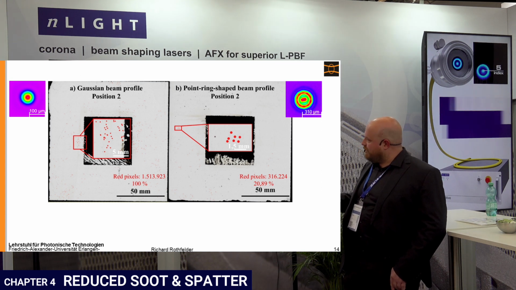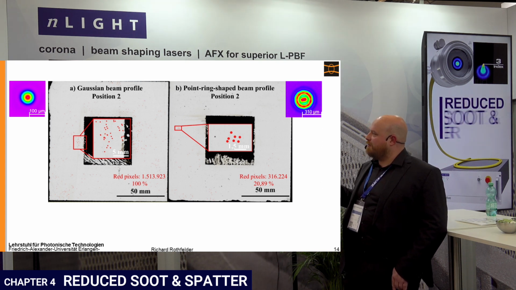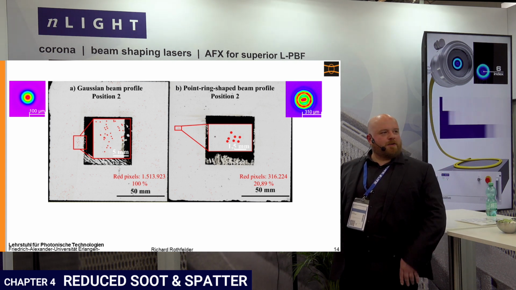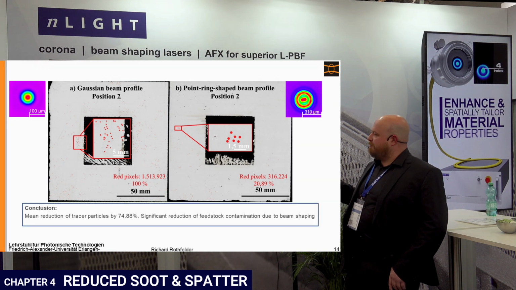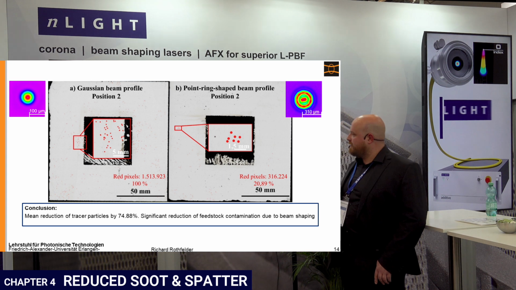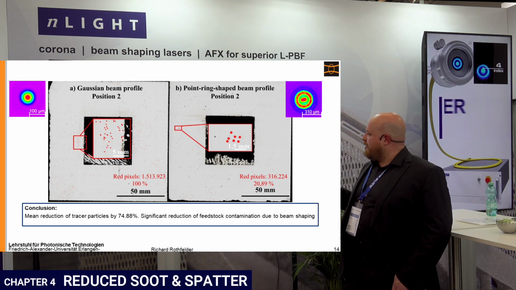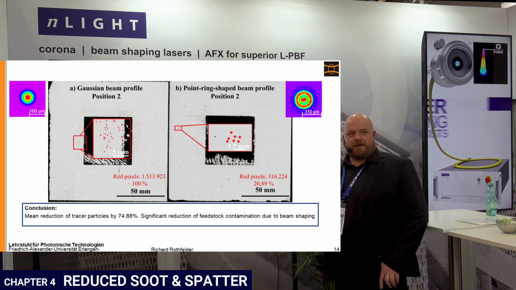So we have an extreme reduction of our spatter formation, which was already shown with high-speed imaging on the process zone itself, but we never saw it on the build plate or the part itself, which we see now here. We really have a mean reduction of our tracer particles by 75% when we're using the ring-shaped profile.